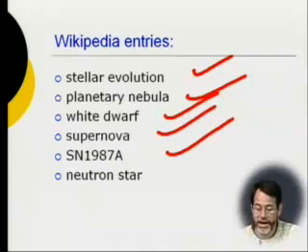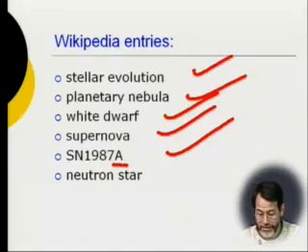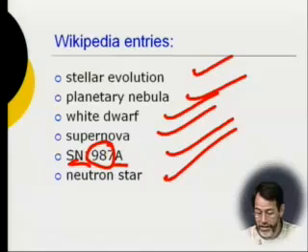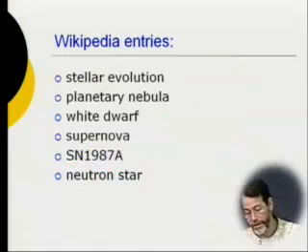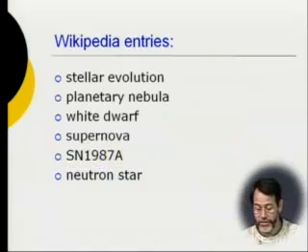Supernova 1987A, which you can get to on Wikipedia by SN 1987A, which was the first recorded supernova of 1987. SN is supernova, this is the year. A neutron star, that is something that you can end up with. That and a black hole after your star goes boom.